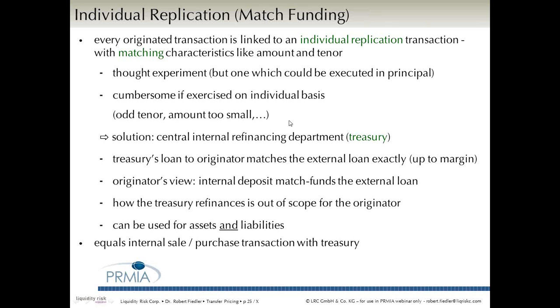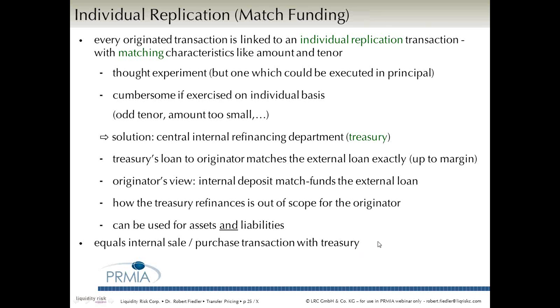So the usual solution is that there is an internal central refinancing department. Let's call it the Treasury, even if in your bank it might be called in a different way. The Treasury gives a loan to the originator, which matches the external loan exactly, up to margin. We have to describe what it is.